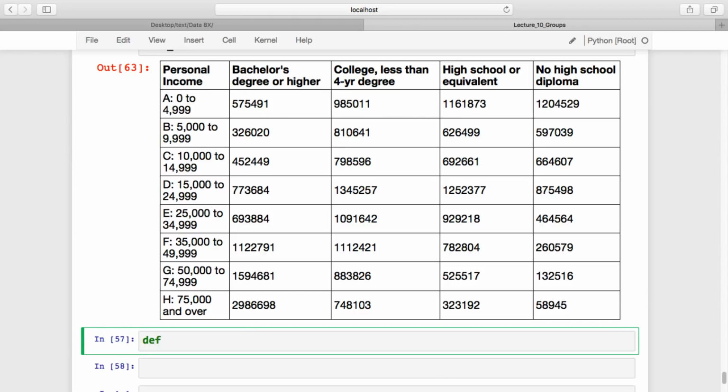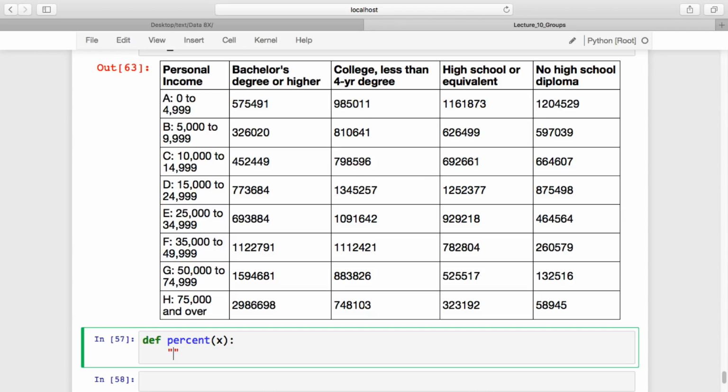Why don't we define a percent function? And let's make a comment that says what this function does. So we'll take an array X of counts and we'll convert into percents.